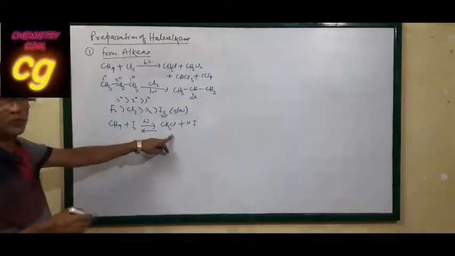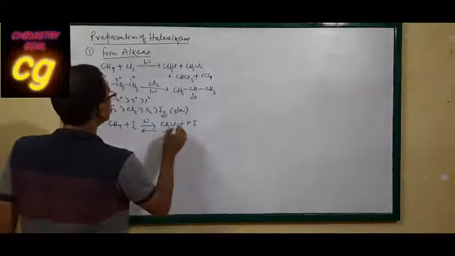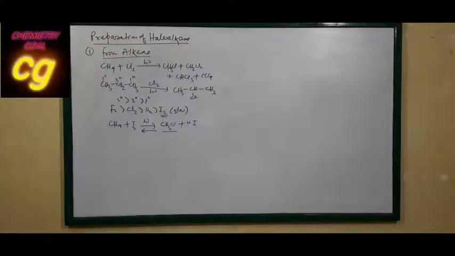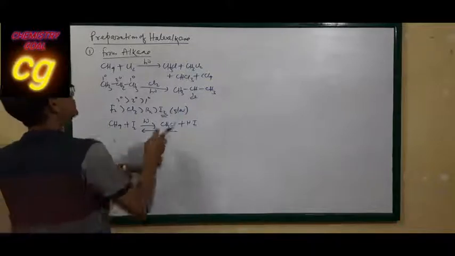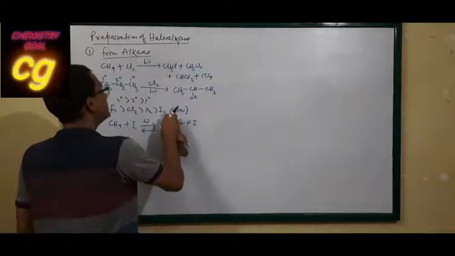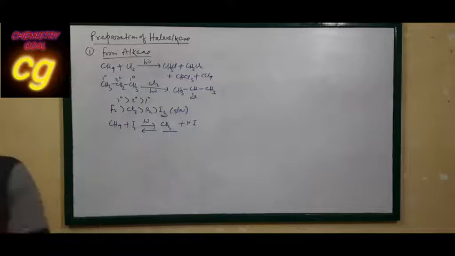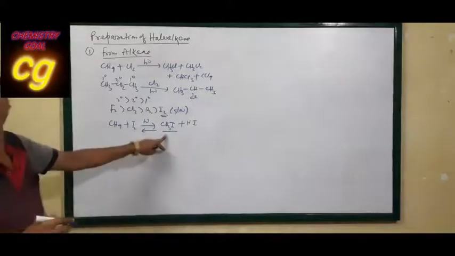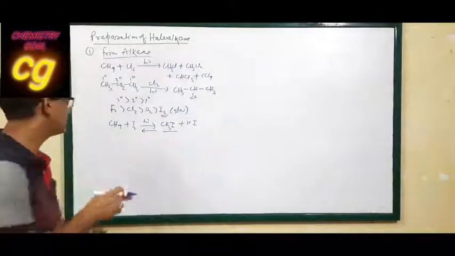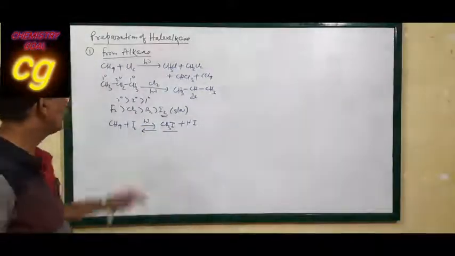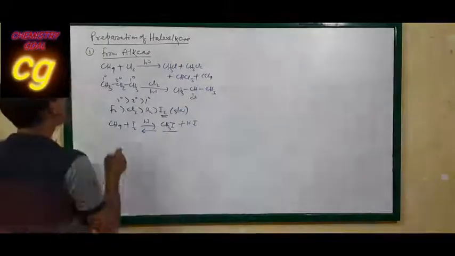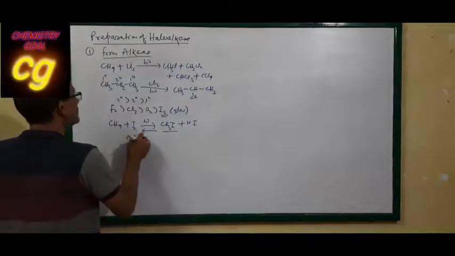But this is a slow reaction, reversible in nature. As it is slow, the amount of iodoalkane produced will be very less due to the reversible nature. To prepare more iodoalkane, we have to add nitric acid.